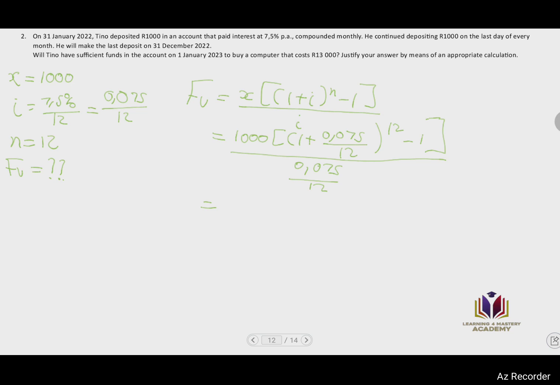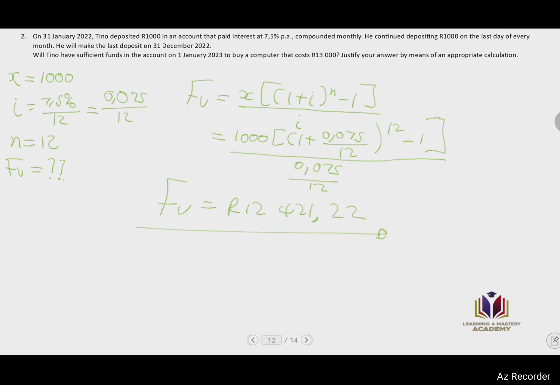There we go. It then gives us a future value of 12,421.22. There we go. This is how much Tino will have in his account at the end of December.